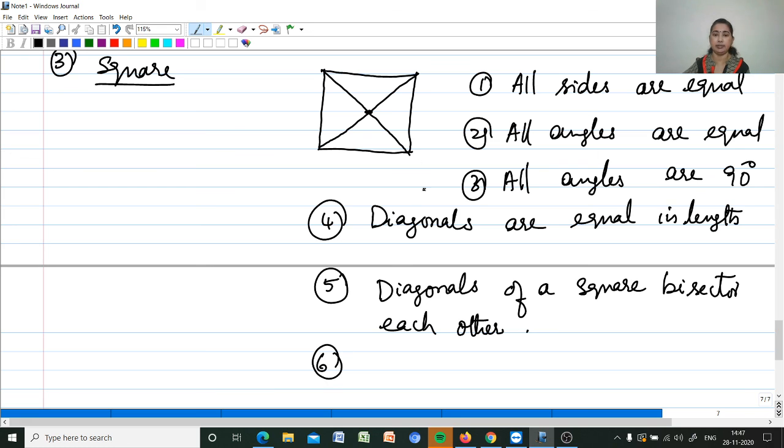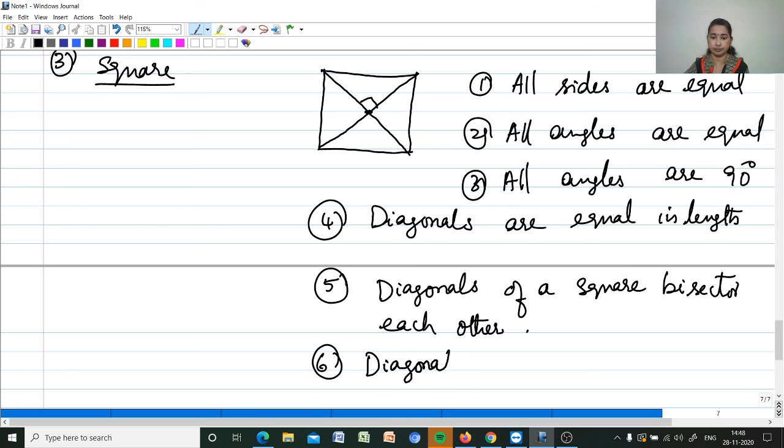And finally, the angle between the diagonals: they are perpendicular to each other. Where they intersect, that angle will be perpendicular. That is, the diagonals of a square are perpendicular bisectors.